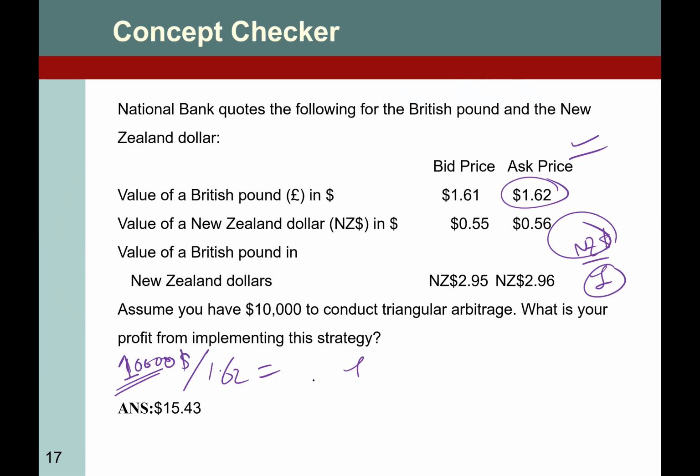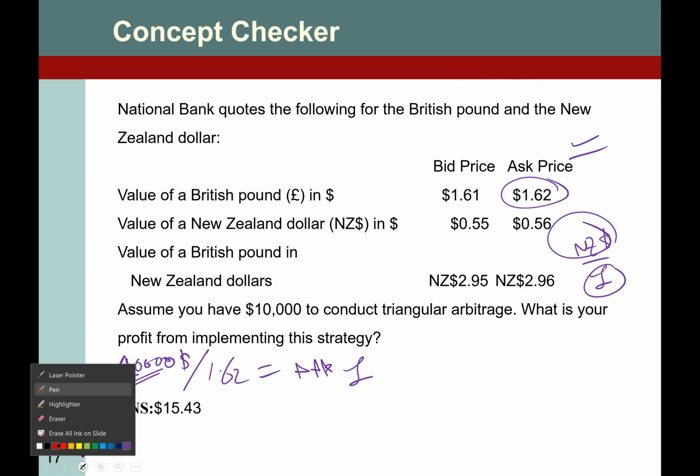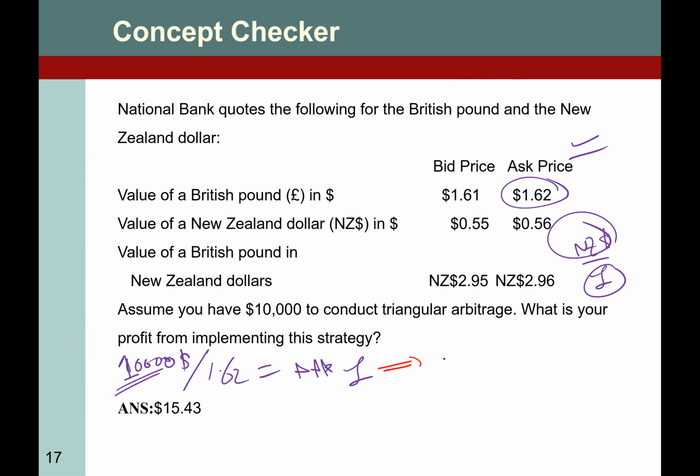You find out the pound. I forgot the values here, so I'm just writing this down. It doesn't matter, it's only the pattern. And when you get the pound, now convert those pound into New Zealand dollars.